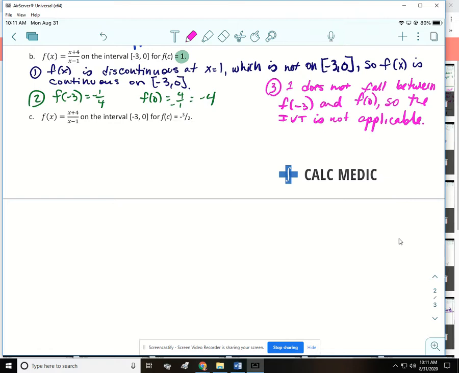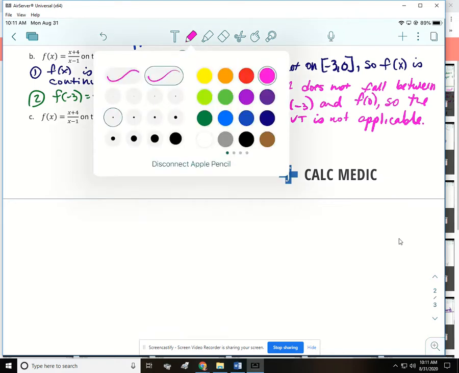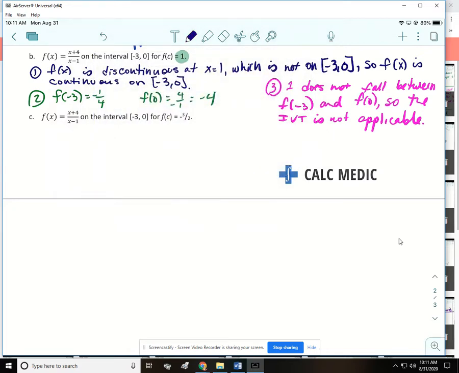All right, so let's look at C. Now, I know I didn't give you guys very much space to get all this written, so to save space, this is the same interval and the same function as the one we just did. So I'm just going to say 1 and 2 above.